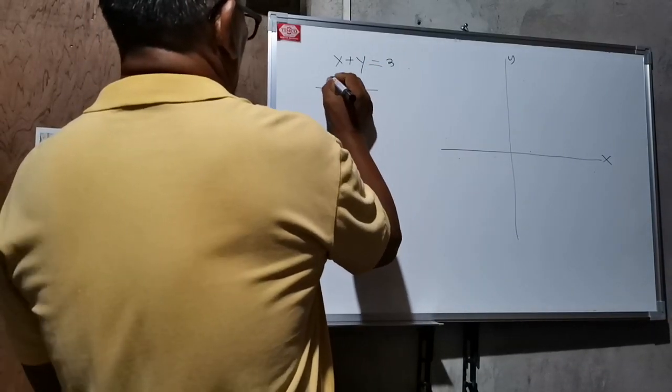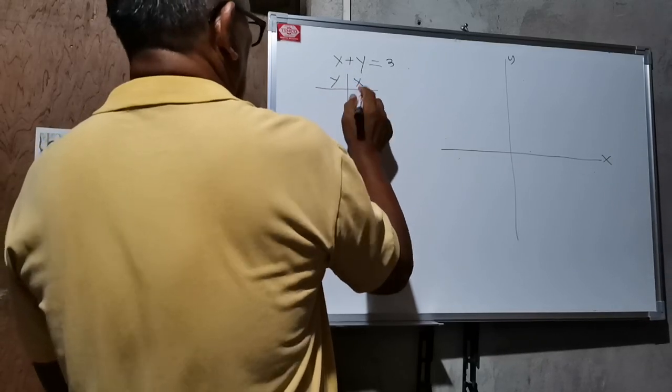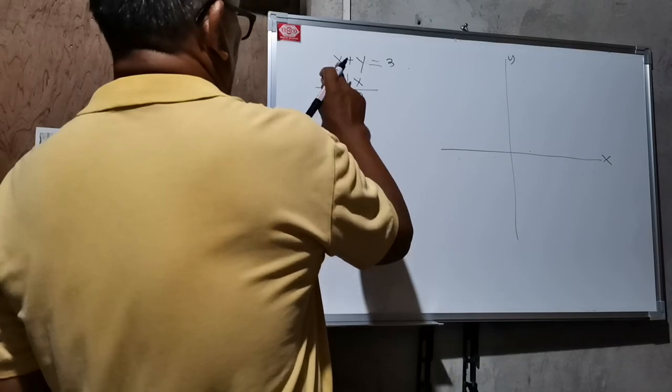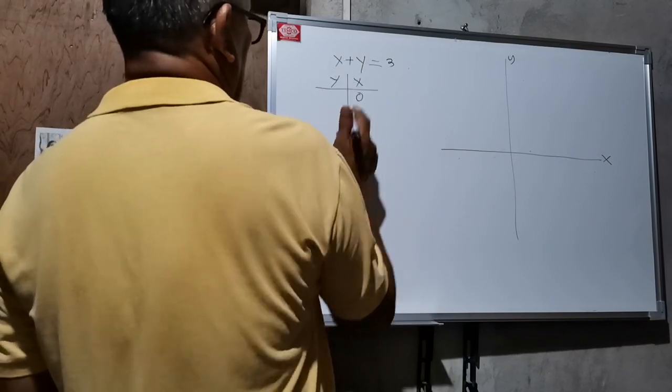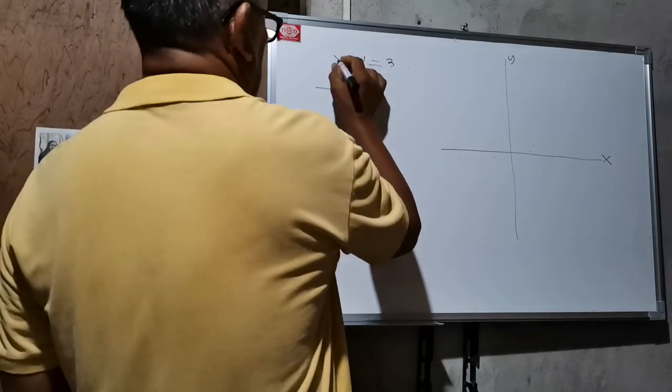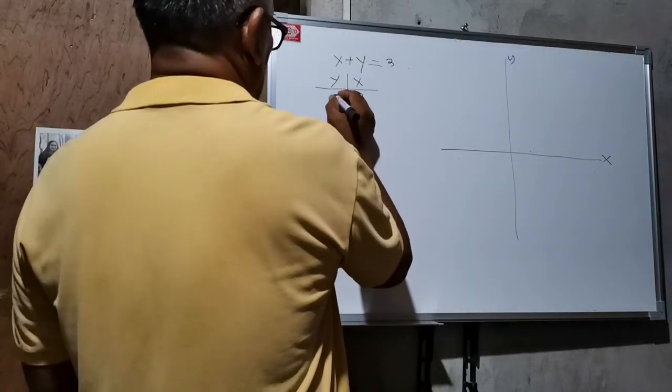Now we are going to assign values for x. If x is 0, y is 3.